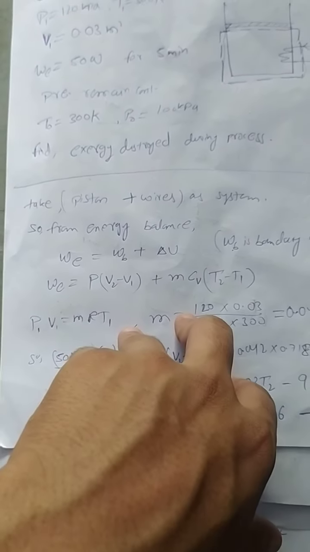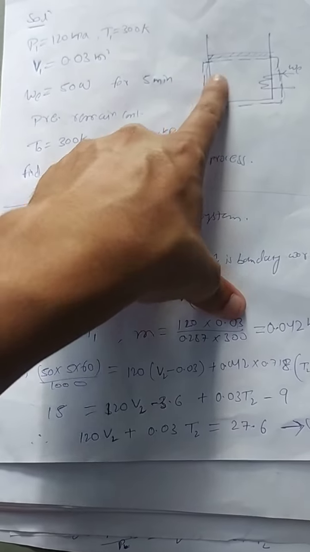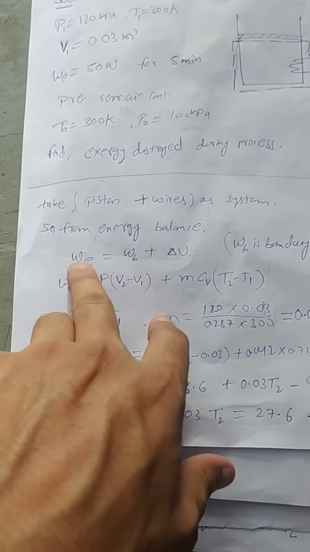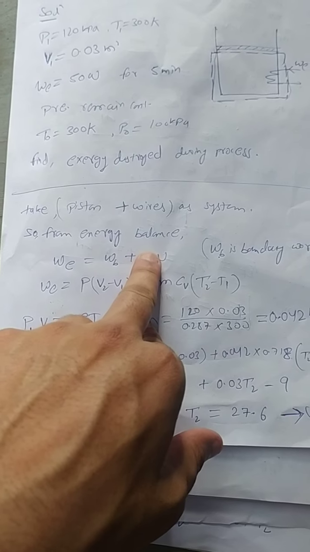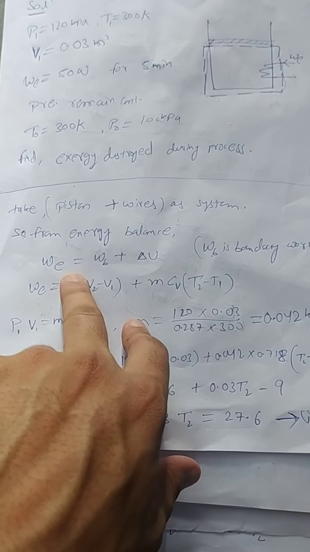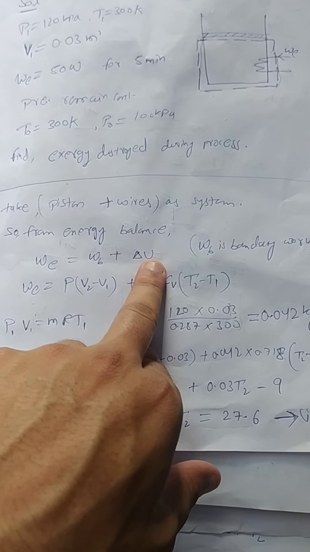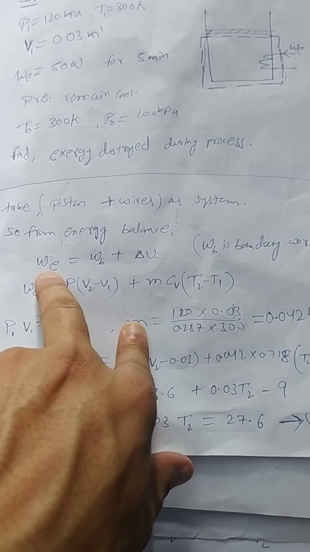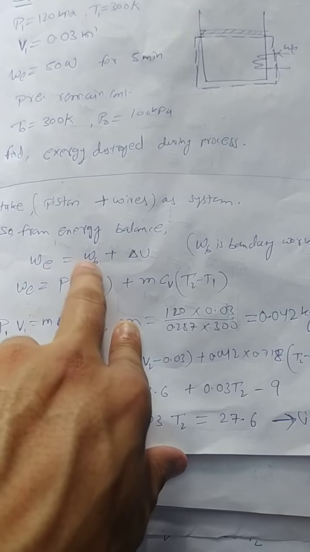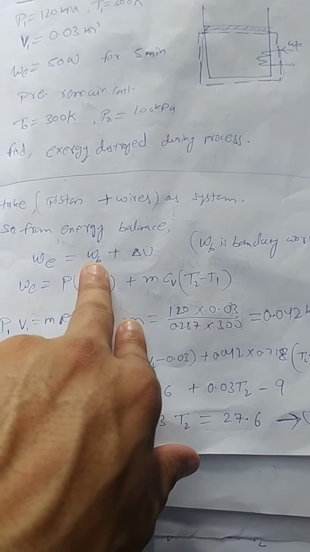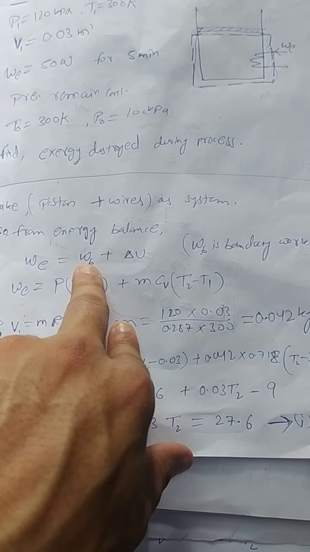Let's see. Let's take piston plus wire as the system. From the energy balance, the work input must be equal to the work output plus change in internal energy of the system. So work input is WE, which is electrical work, and WB is the boundary work, which is PdV.